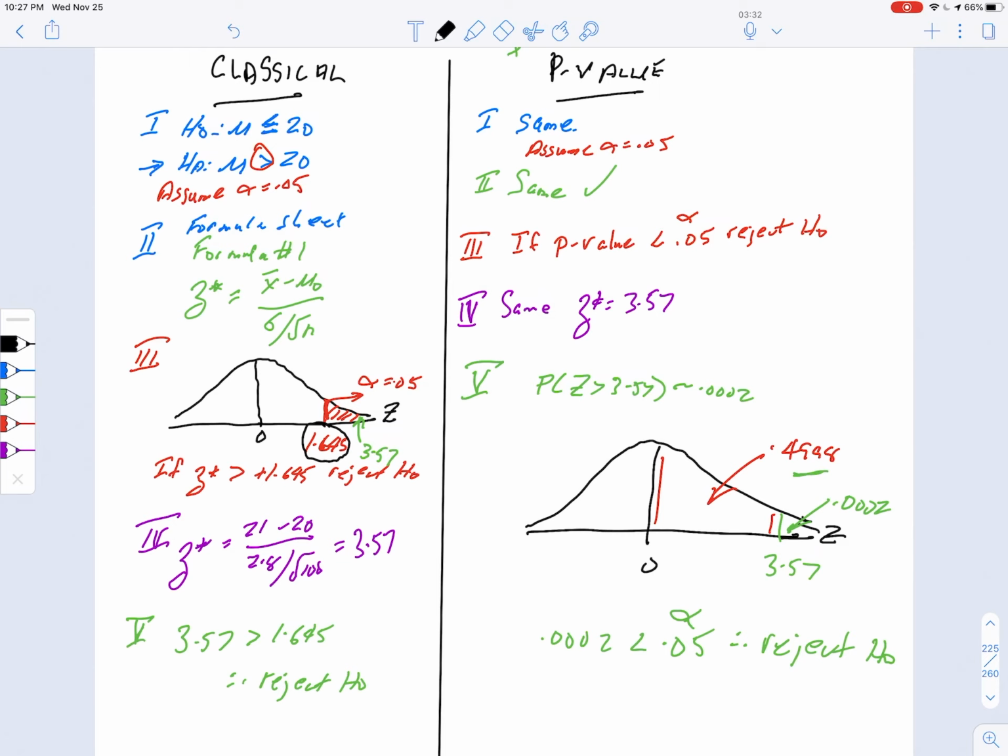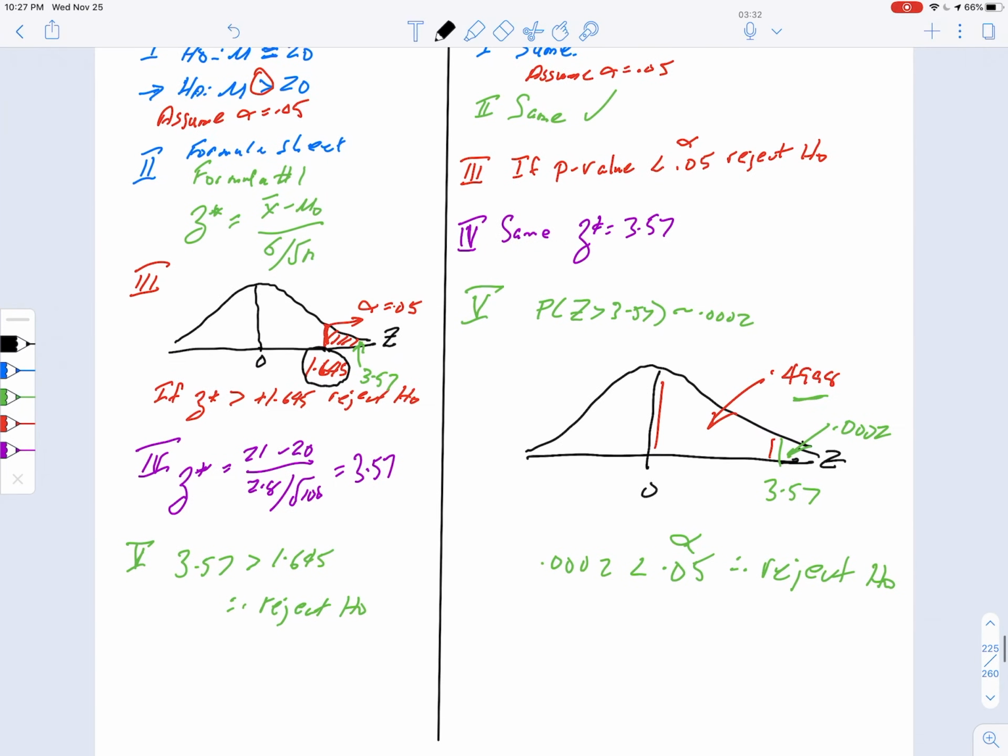And then when you figure out the computed value from step 4 of 3.57, you just compare those two. In the p-value approach, you don't go to the table right away. You figure out the 3.57, and then you go to the table. And you find the area associated with that, and that's the p-value, and you just simply compare it to the alpha. So either way, you go into the table, they come up with the same results.